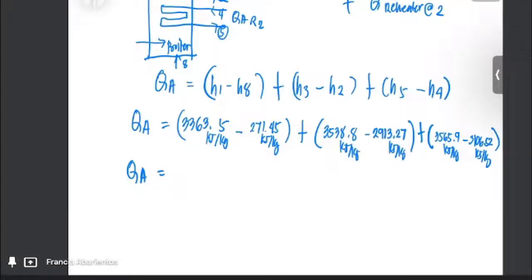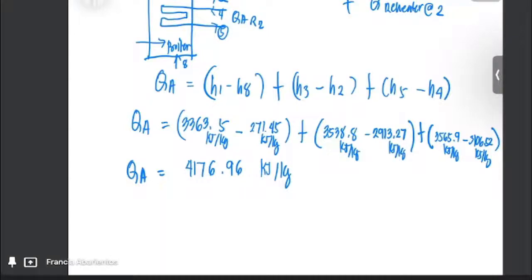Ayan. Yung iba, anong sagot? Okay, nagtali naman sa akin. So, we have 4176.96 kilojoule per kilogram. So, that is now the heat added.